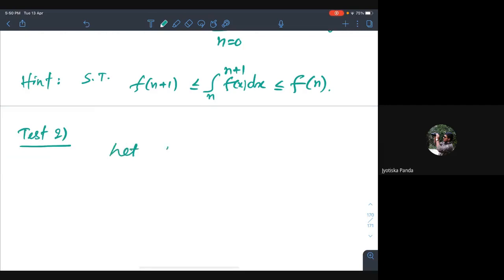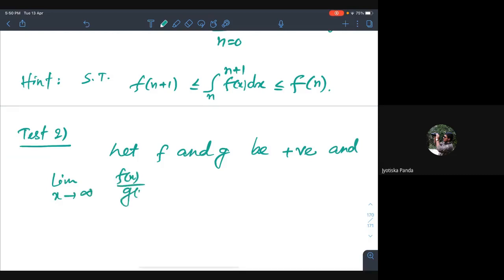Let f and g be positive and the limit as x tends to infinity of f(x)/g(x) be equal to some constant a greater than 0.